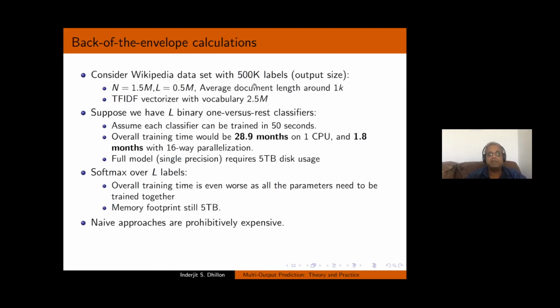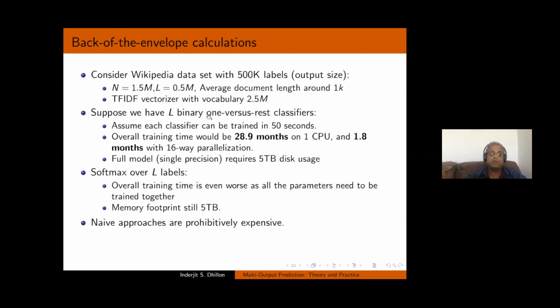In this case, the total vocabulary, the number of distinct words, with probably some thresholding, in these 500,000 Wikipedia labels and 1.5 million Wikipedia articles is about 2.5 million. So this is the setting in this problem. Of course, one thing I will make you aware of is that each of these training data is very sparse, because the average document length is only about 1,000.